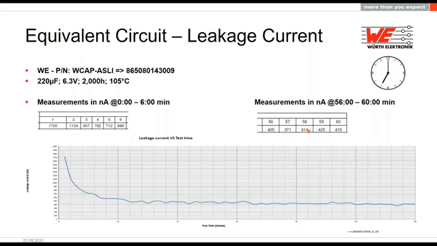It's like an asymptotic behavior, so we reach around 400 nanoamps after a long leakage current measurement. We can do the measurements for you, but we have the data sheet definition with the 2 minutes. But please keep in mind that the leakage current will always go down over time when you use it in the application.